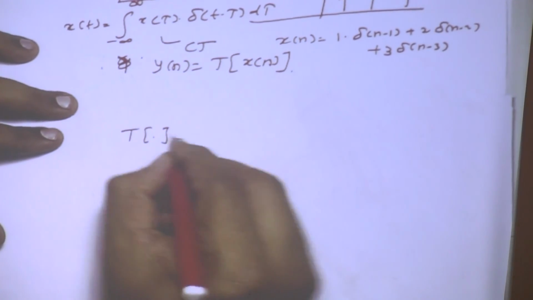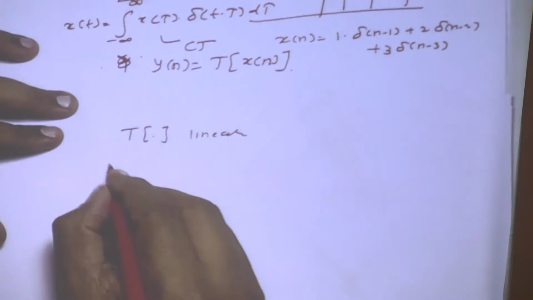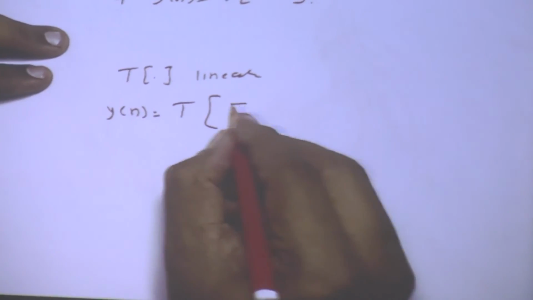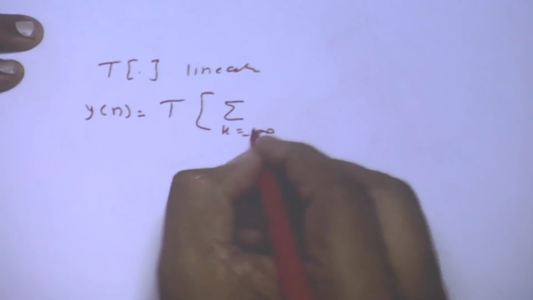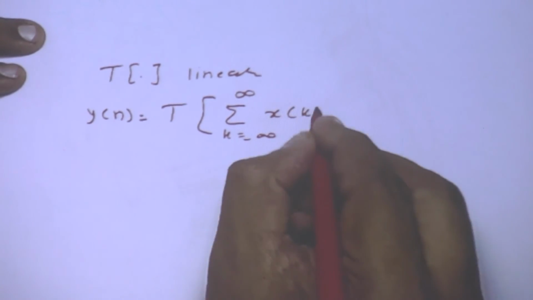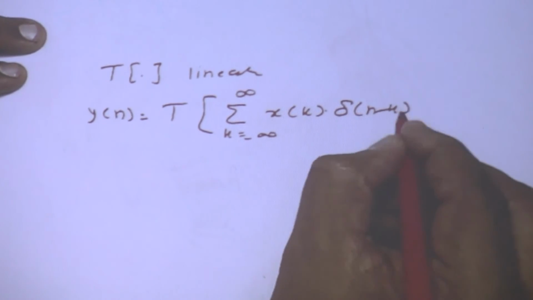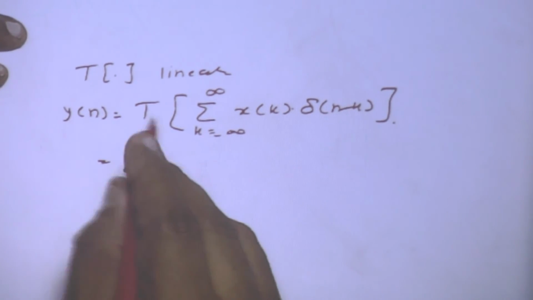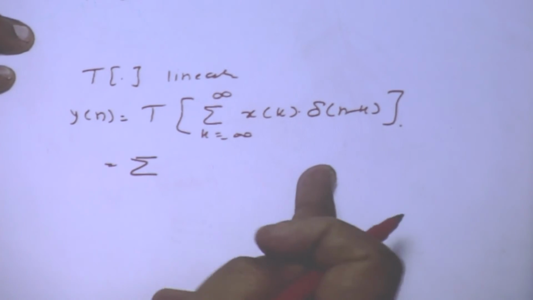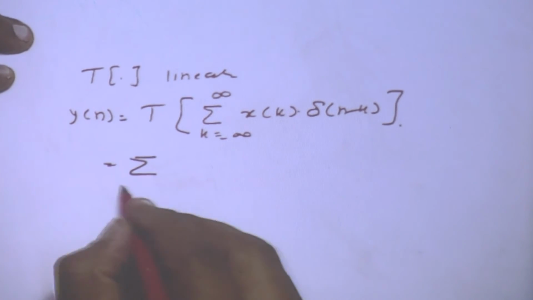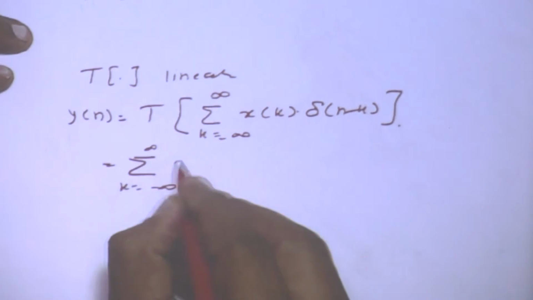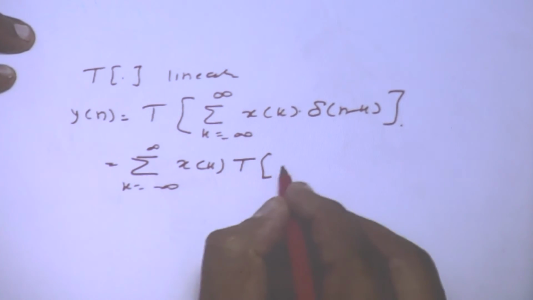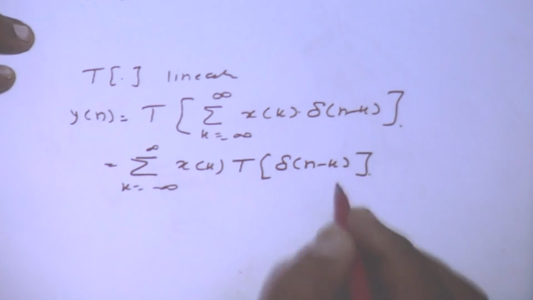Assume that T is linear, then what happens? y[n] becomes the transformation applied on the summation of k going from minus infinity to plus infinity x[k] times delta[n minus k]. The transformation is linear, so the transformation applied on a summation is the summation of transformations. So I can interchange that: summation k going from minus infinity to plus infinity, x[k] is a constant for the respective terms, and then the transformation is applied on delta[n minus k].